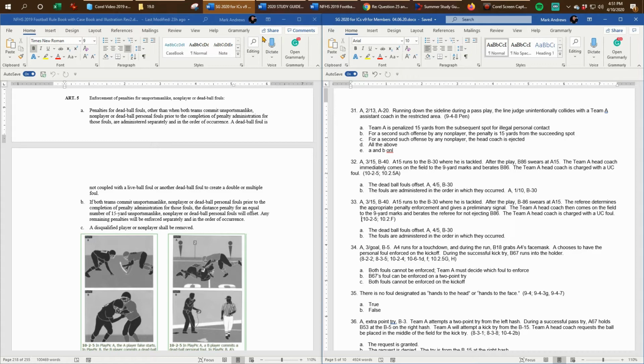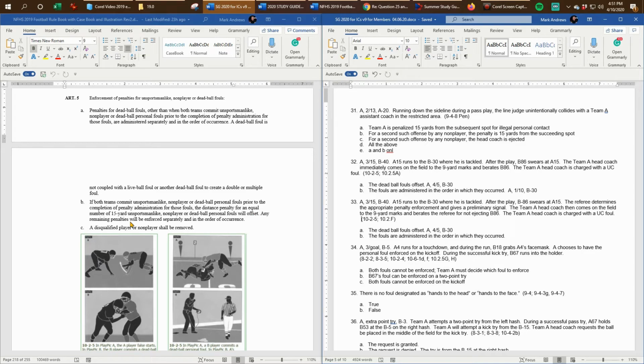So, we've got 2 unsportsmanlike conduct fouls. One by B86 and one by the Team A head coach. And according to 10-2-5, if both teams commit unsportsmanlike, non-player, or dead ball personal fouls prior to the completion of penalty administration for those fouls, the distance penalty for an equal number of 15-yard unsportsmanlike, non-player, or dead ball personal fouls will offset.